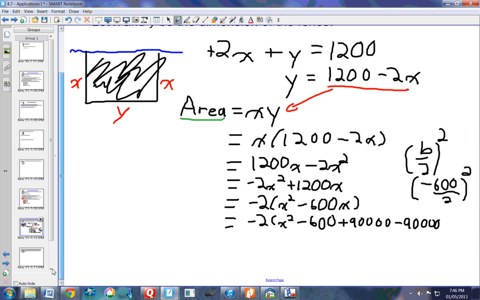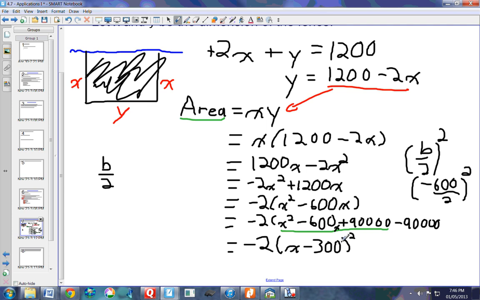Okay, let's get a little more room to work with here. Now we've got this part right here that is actually going to turn into a perfect square. To figure out what that perfect square is, we take the b value and we divide it by 2. So the b value here is our 600x. And so negative 600 divided by 2 is negative 300.